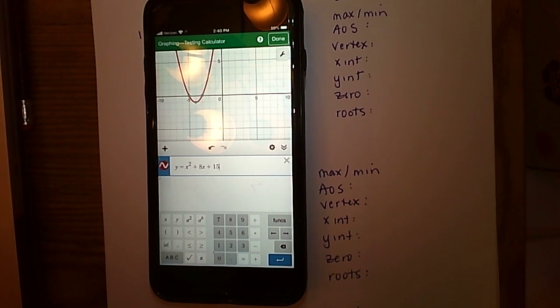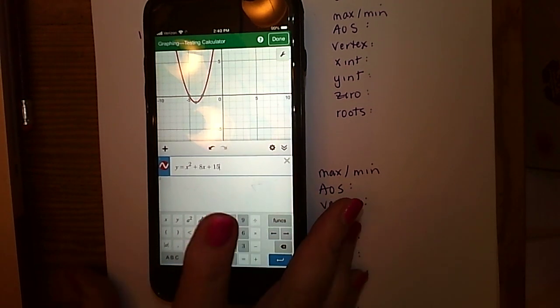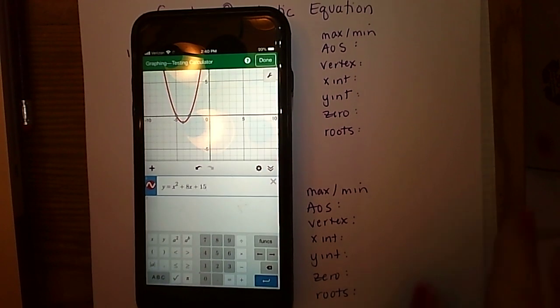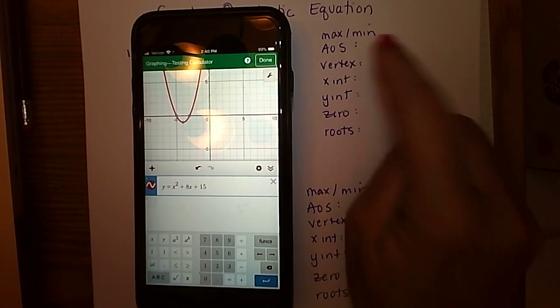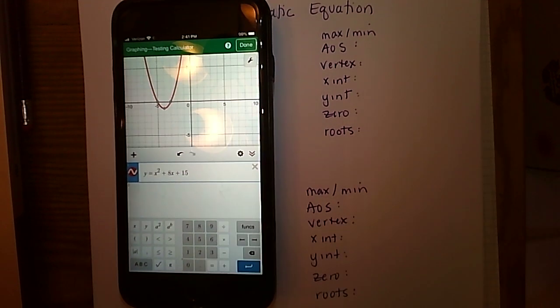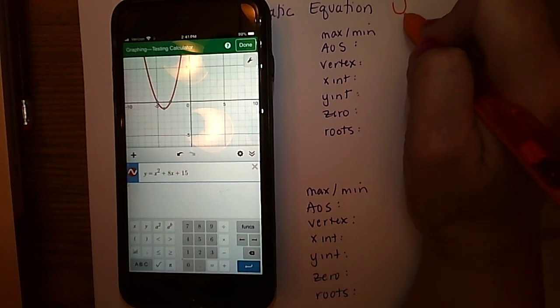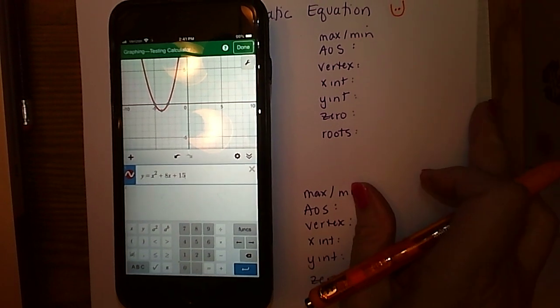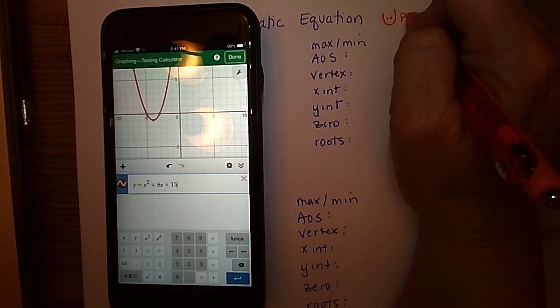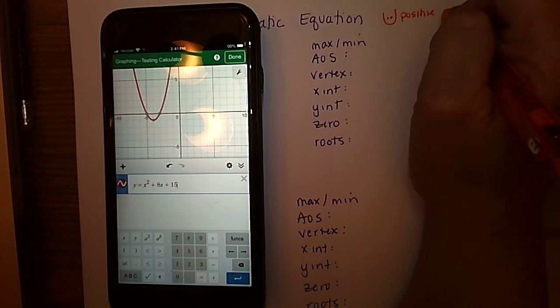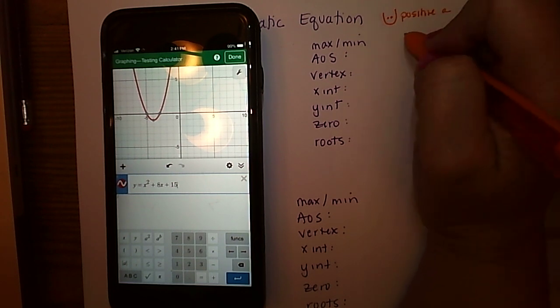With this right now, first, I need to determine whether it's a maximum or minimum. Well, we did not talk about this before, but just looking at this equation, I know that it's a maximum or minimum just by the equation. I don't have to graph it. With my minimum, he makes a U, and he's happy because he's got a positive A. So with a positive A, he's happy.